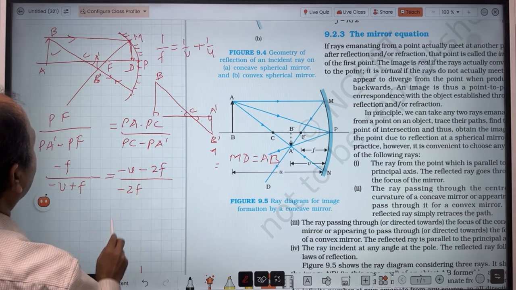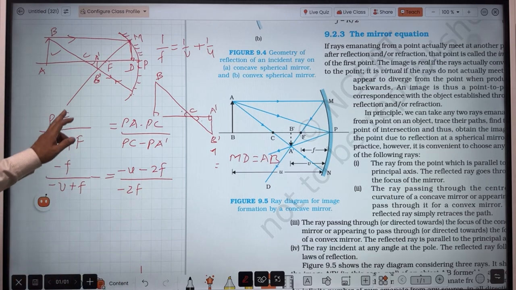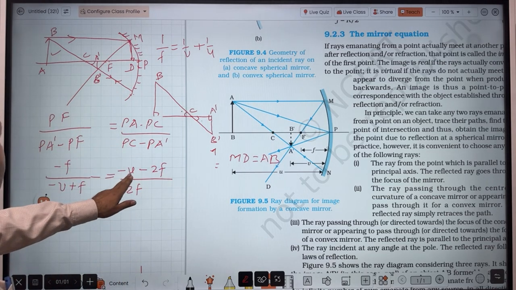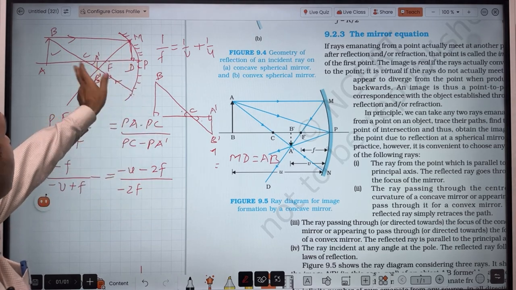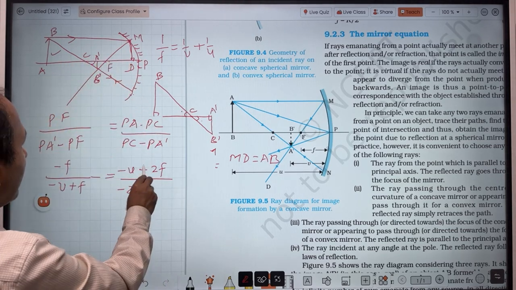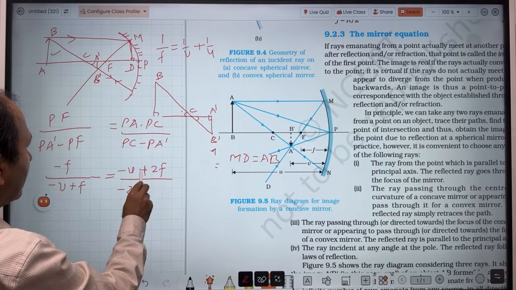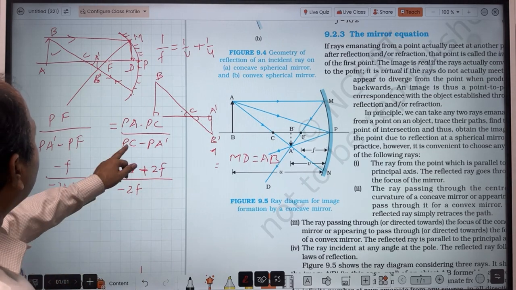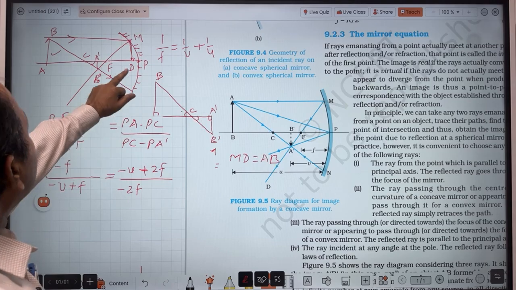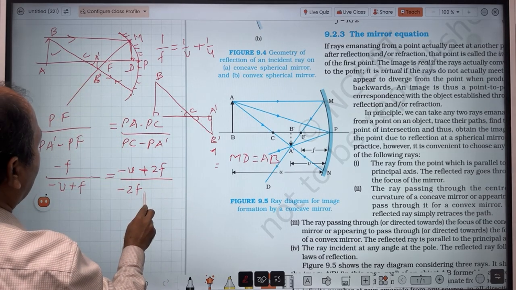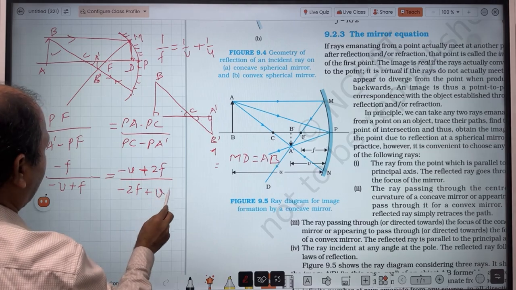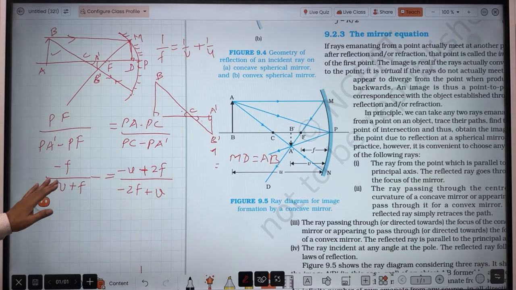Divided by PC, so minus 2f. Here PA is minus u, in between there is a minus sign, and we are taking PC, which is negative, so this will become positive, right? And then 2f, PC minus PA dash. PA dash means distance of image, so minus, so this will become plus v, right?